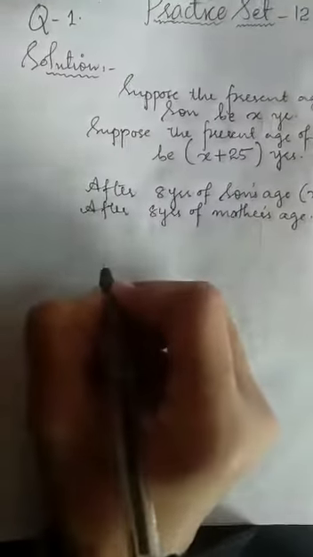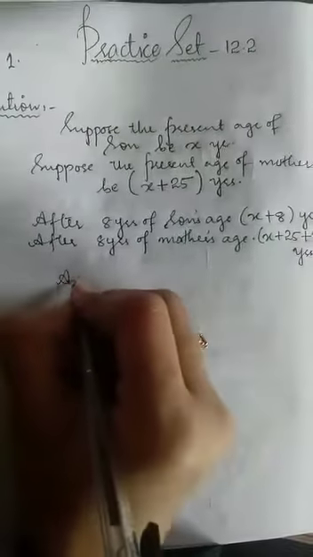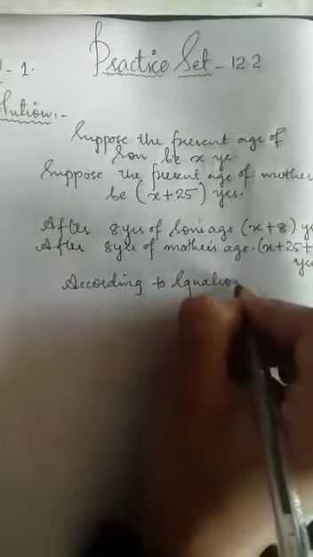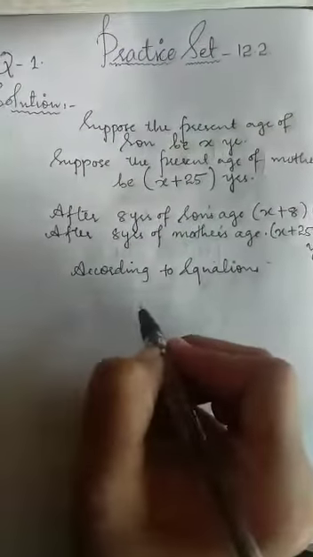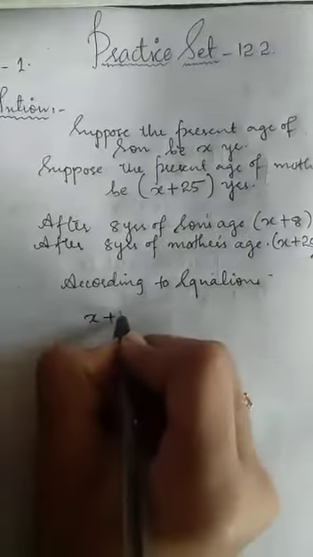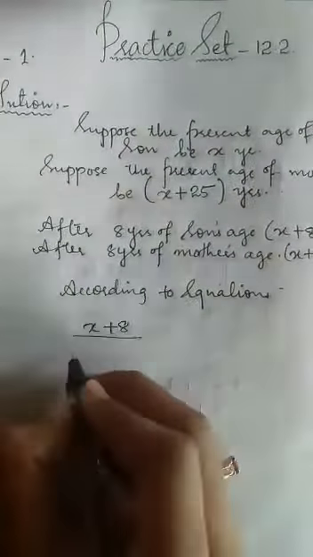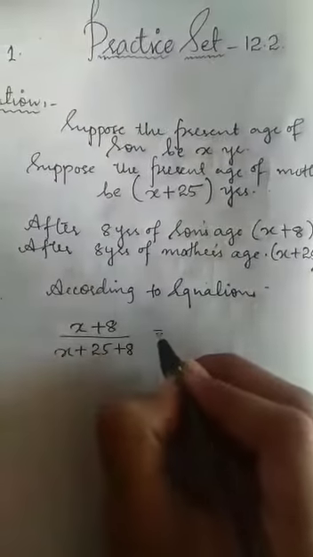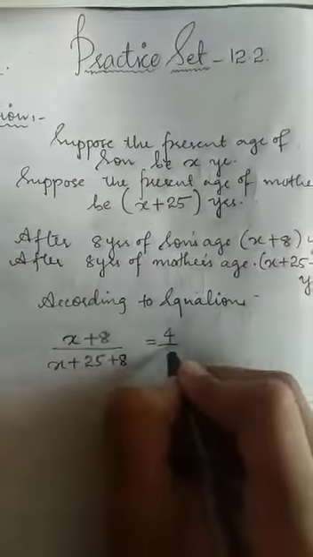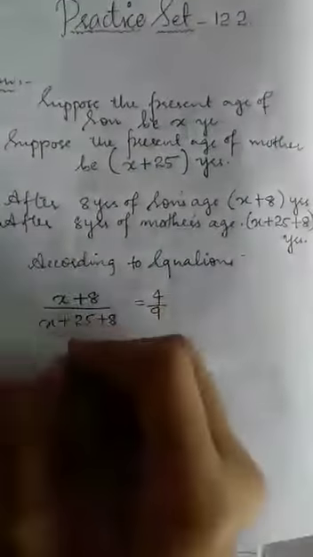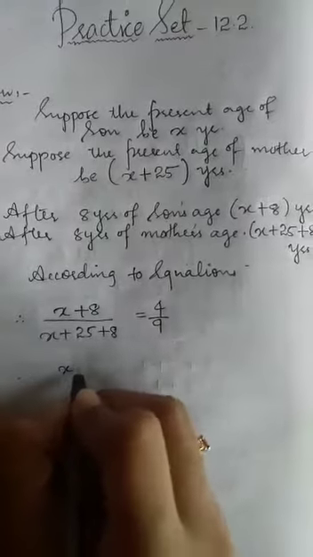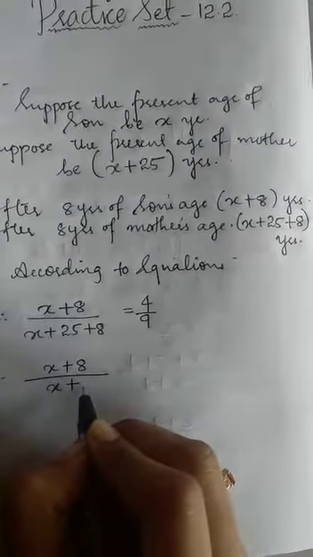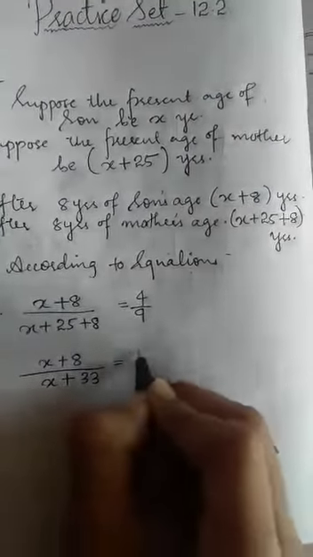According to these equations, x plus 8, the son's age, upon x plus 25 plus 8, is equal to the given ratio, 4/9. Can we add 25 plus 8? Yes, that will be 33, so x plus 8 upon x plus 33 is equal to 4/9.